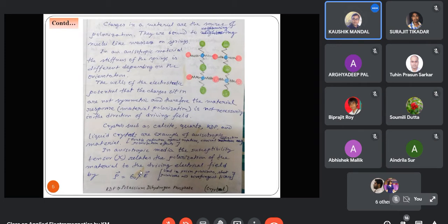That means the greater the electric susceptibility, the greater the ability of a material to polarize in response to the applied electric field.